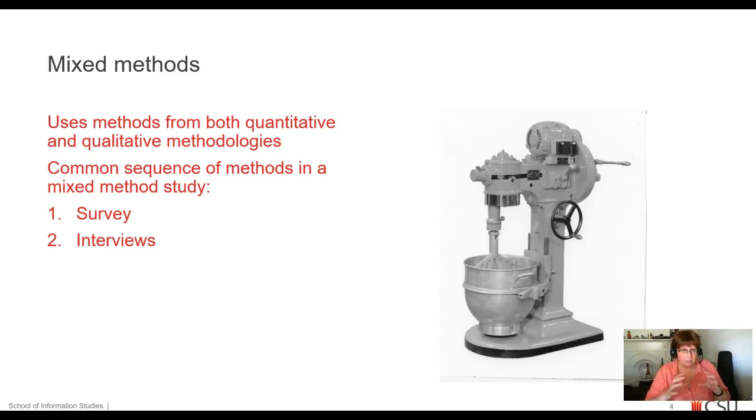So they've done their survey, they've got these big chunks of data that are showing some sort of a story, something's happening that they need to investigate further. And they choose one bit of that and they find the people who answered those questions in that way and sit down with them, and then they interview them, and then they're getting qualitative data. So they might say, okay, in this survey you indicated that you came to university because you couldn't think of what else to do with yourself at this point in your life.